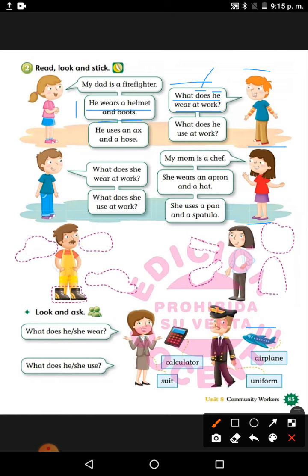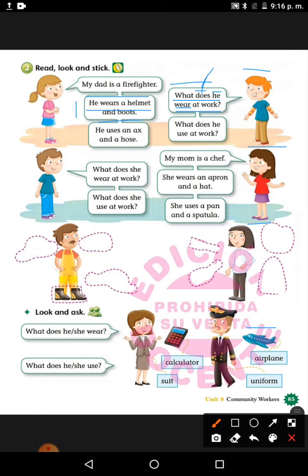Can you see the difference in the verb? Here in the question the verb wear doesn't have a letter S at the end because we are using the auxiliary does. But in the answer we are not using the auxiliary. As you can see here, we are not using the auxiliary does.